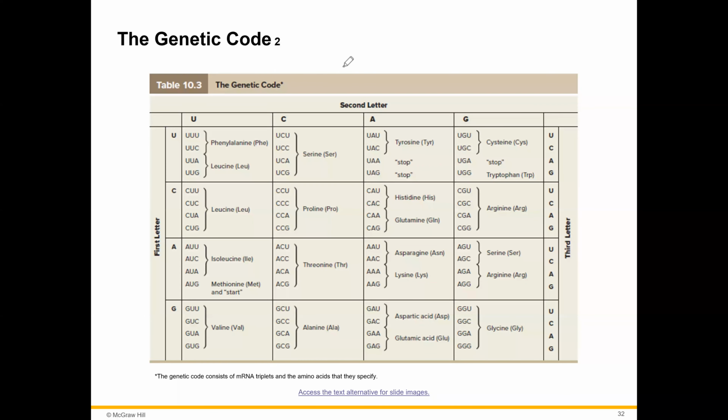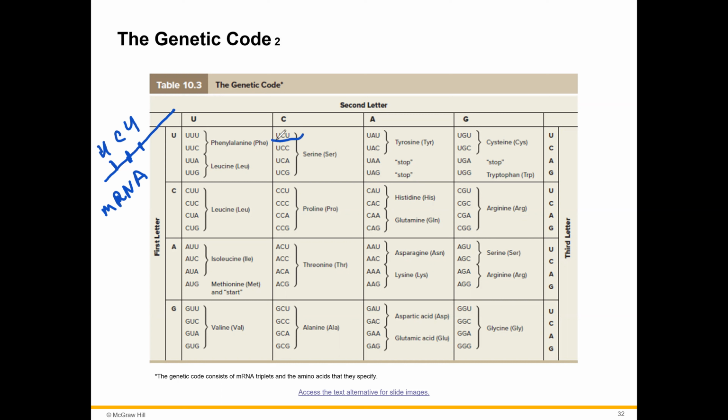So today, scientists know that if you have your messenger RNA, so here's your mRNA, and for example you have U, C, and U, this is a codon, UCU.